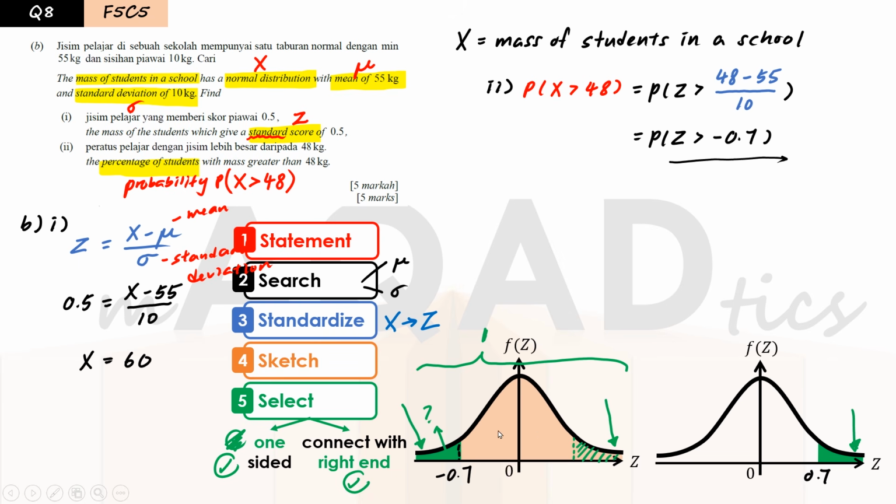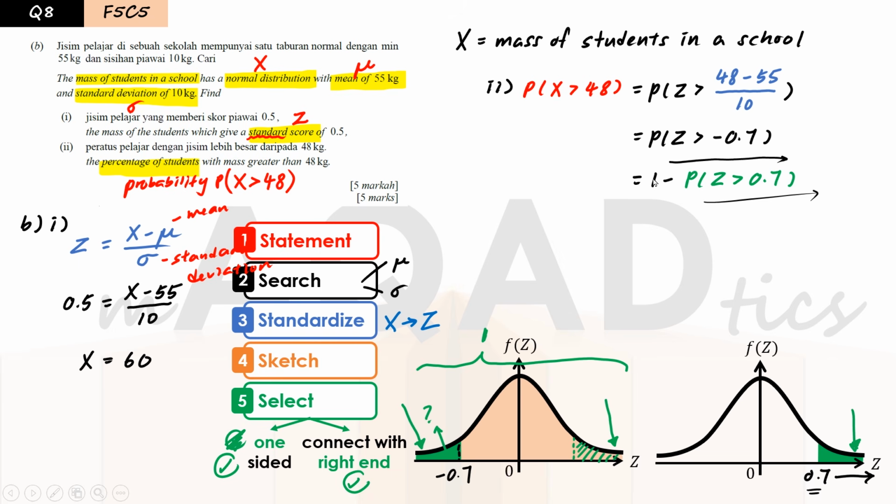We are finding the probability of the shaded region, using 1, the probability of the entire area, and subtracting this green area, which is the probability where z is greater than 0.7. Greater than is because it's like an arrow moving to the right side, and our shaded region is sketching to the right side.